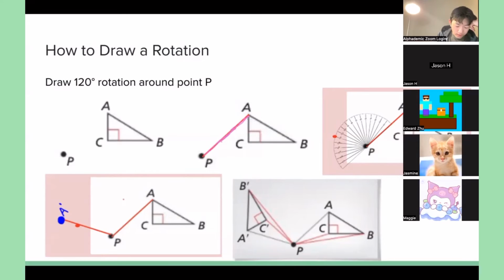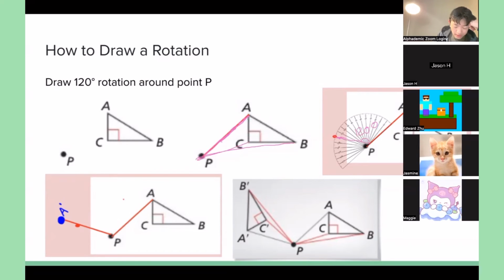You could draw one from point C to point P, or point B to point P. It doesn't matter, you just choose one point to start it off. Next, you want to take a protractor, line it up against the line, and then find 120. And then you would get this new point here.